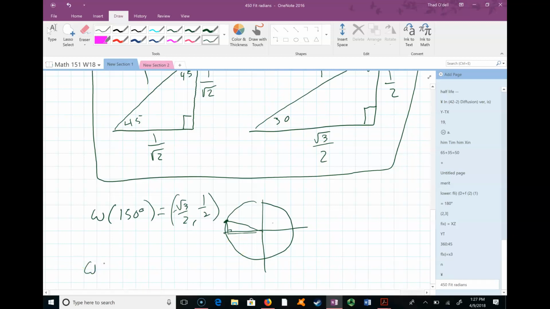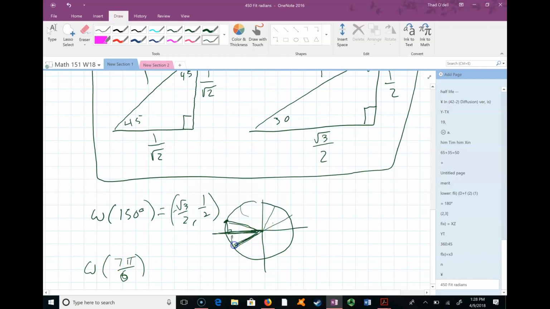Okay, so let's try another one. What if we did wrapping function of, say, 7 pi over 6? Well, this is 5 pi over 6 right here, because you got 1 pi over 6, 2 pi over 6, 3 pi over 6, 4 pi over 6, 5 pi over 6. Or you could think of this as 6 pi over 6. So that means 7 pi over 6 would just be 1 more pi over 6 past it. So it'd be right there.